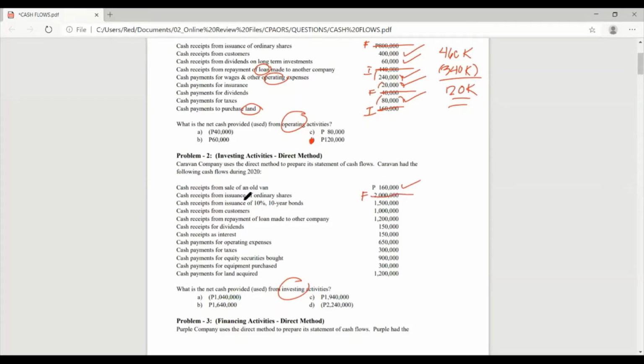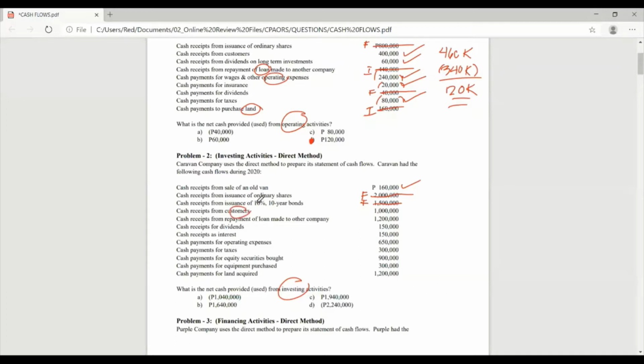Next, cash receipts from issuance of 10% 10-year bonds. So you issued bonds. What are bonds? A liability, right? A long-term liability. Therefore, this goes under financing activity. Next, cash receipts from customers.